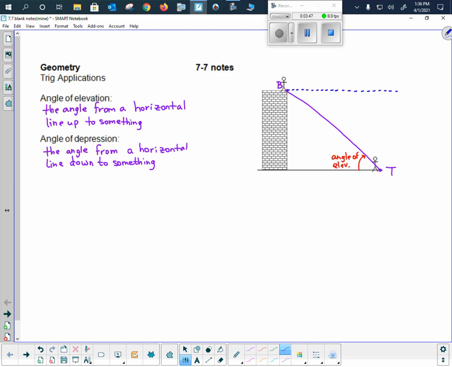So I usually draw a dash because that line's not really there. And then you're just rotating from that line down, okay, because it says the angle of depression from B to T. So your angle of depression from B to T rotating down is whatever number they give you. Okay, so this would be your angle of depression.